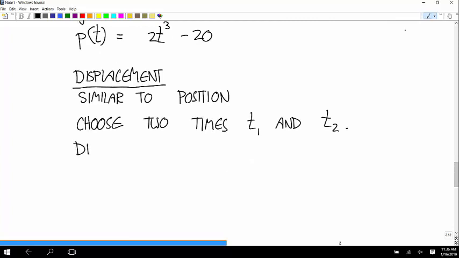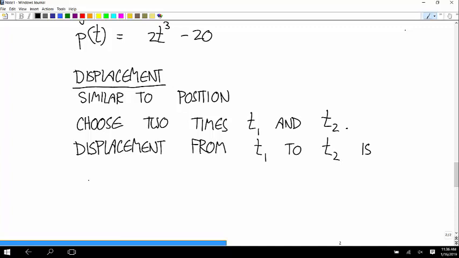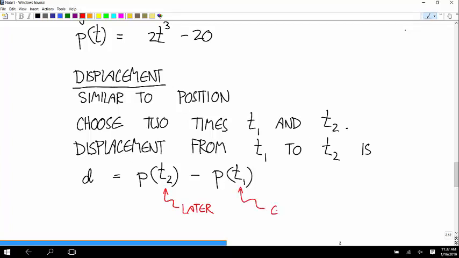Then the displacement from time 1 to time 2, I'll write that as lowercase d, is equal to the position at time 2, that later time, minus the position at time 1. So T2 is the later instant. T1 is the earlier instant.